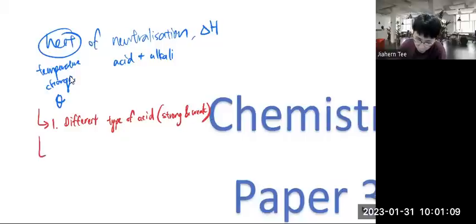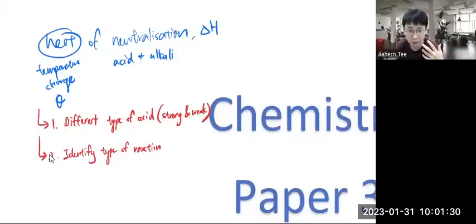Then number 2. For question number 2, we try to go the simplest way in this topic, where we only have to identify the type of reaction. What's the meaning of type of reaction?